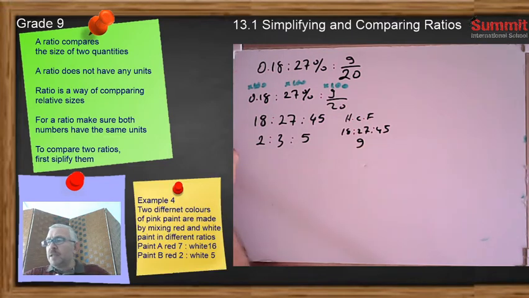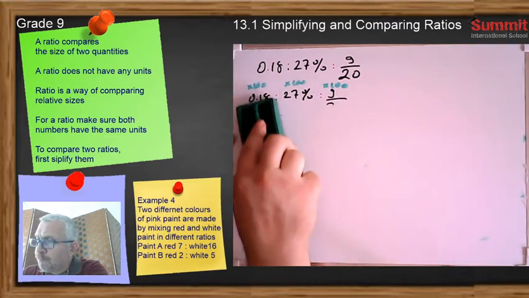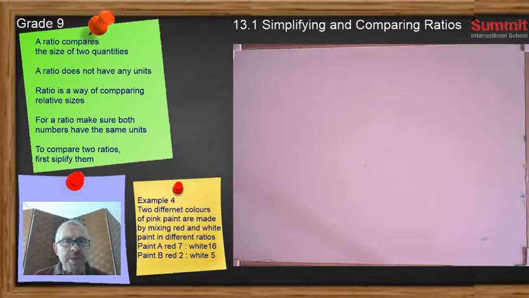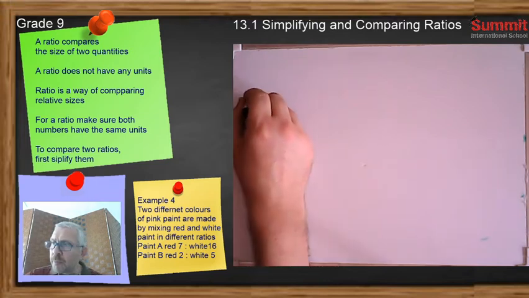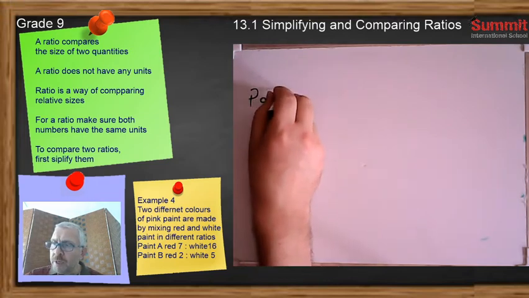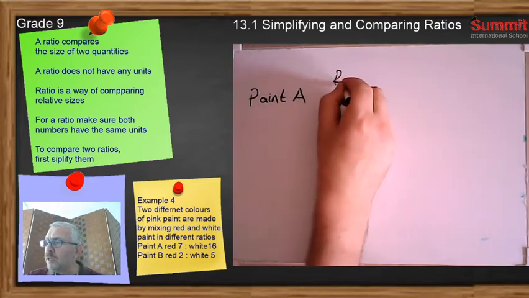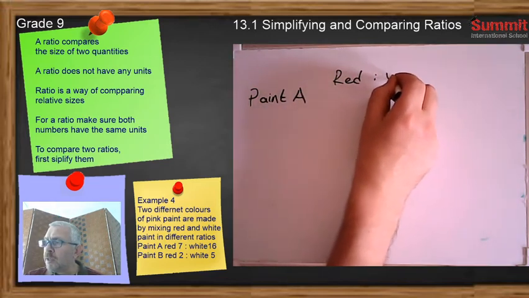Now the next example is: two different colors of pink paint are made by mixing red and white. Now let's say here we have paint A, and it has red and white.